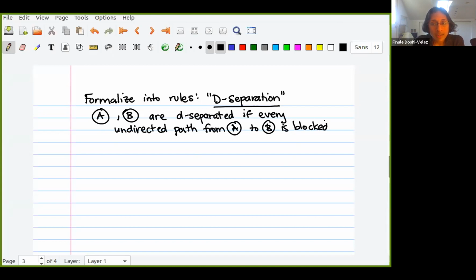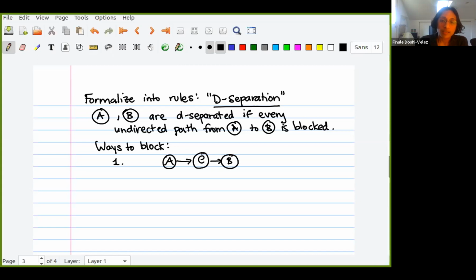And how can a path be blocked? Ways to block. So one way a path between A and B can be blocked is that there's some variable A, there's some variable C, there's variable B over here. C is observed. So again, this is maybe intuitive.